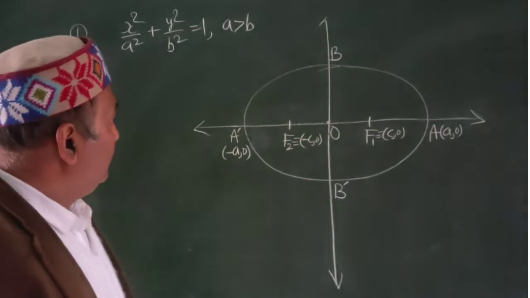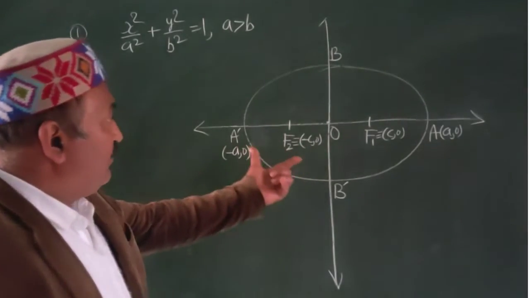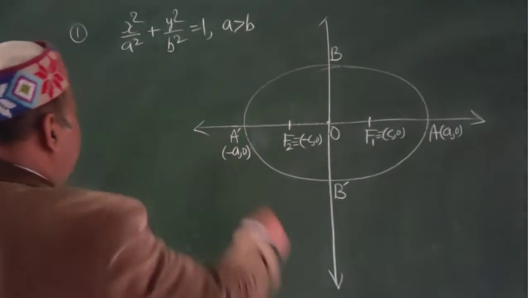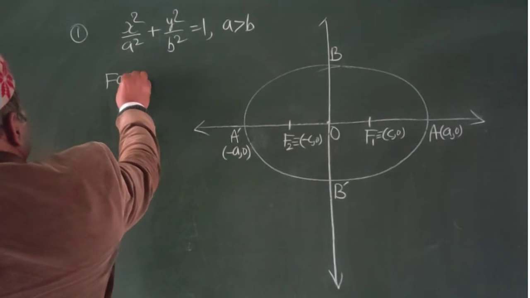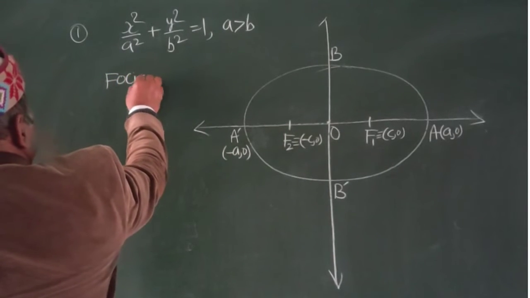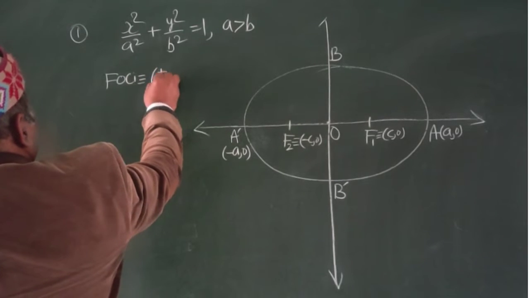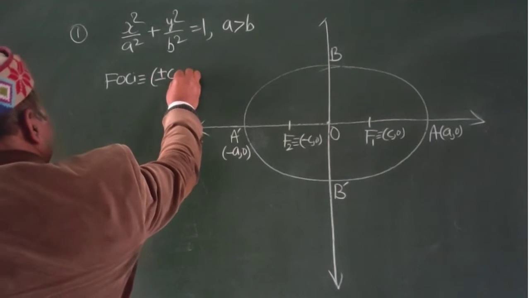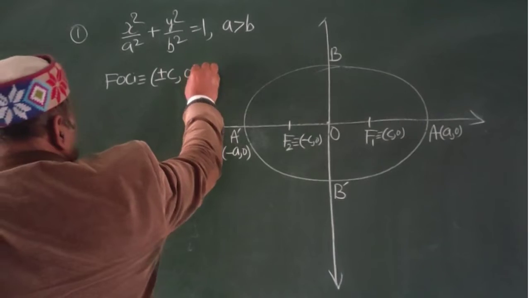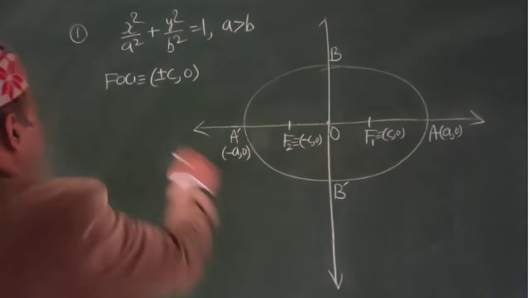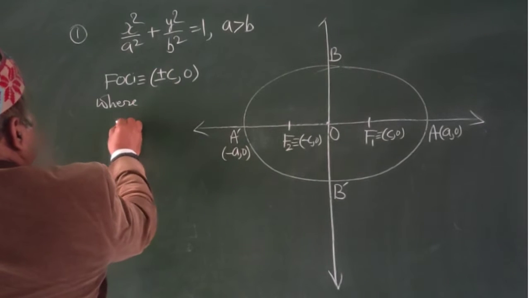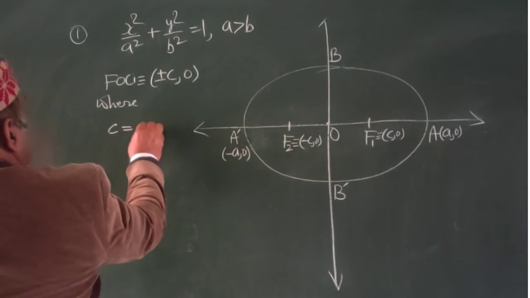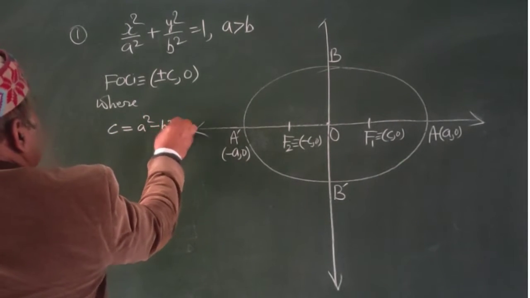And the terms used in the first type of ellipse are foci, which is the plural of focus, and the coordinates of the foci are plus minus C, 0, where C is equal to the square root of A square minus B square.